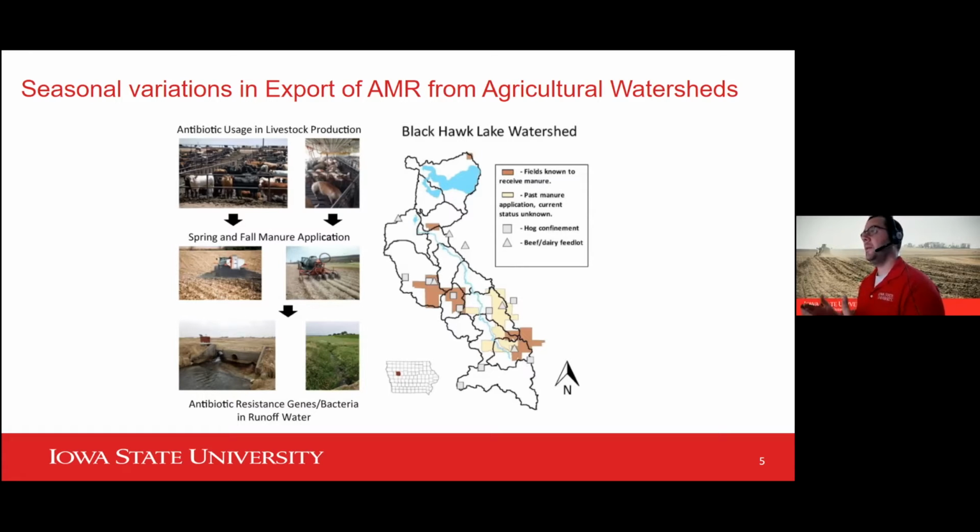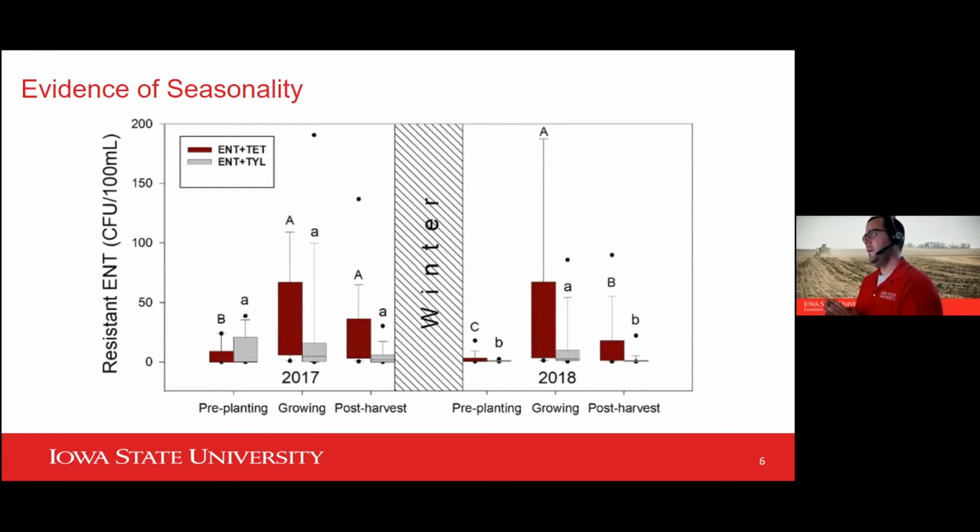And then by plating them, so they'd take that water sample, put a small portion of it on a little media plate where they have some nutrients for bacteria, and then that same plate with different antibiotics on it, either tetracycline or tylosin, to see if any of the bacteria that they were capturing in their water sample were resistant to those genes. And then they'd grow them out and count how many colonies formed, so how many of those bacteria were really there. So this is what their data generally look like.